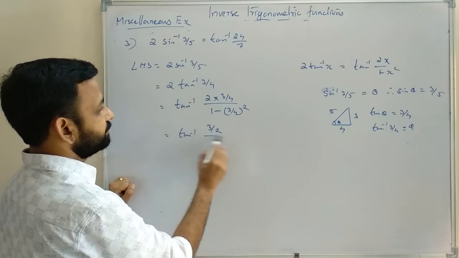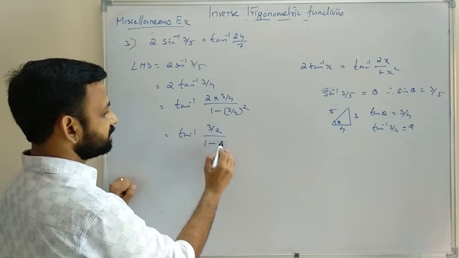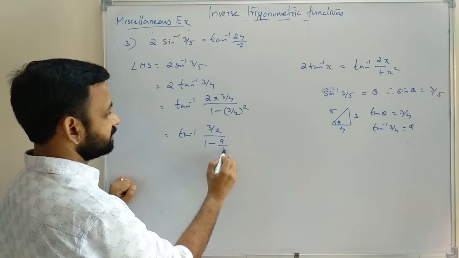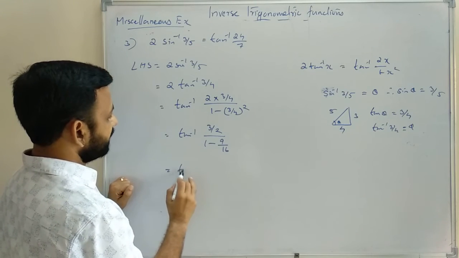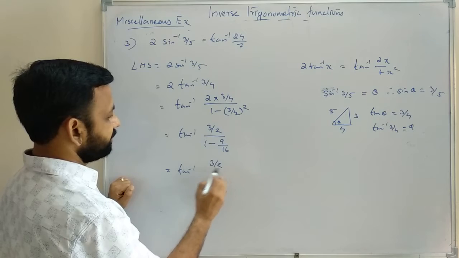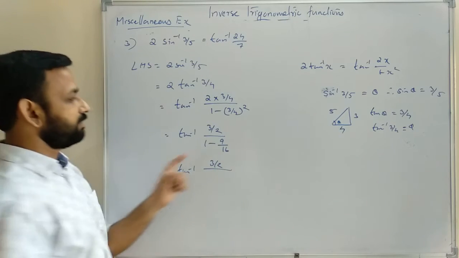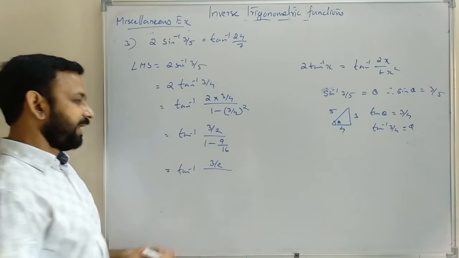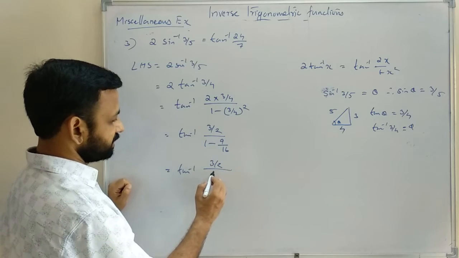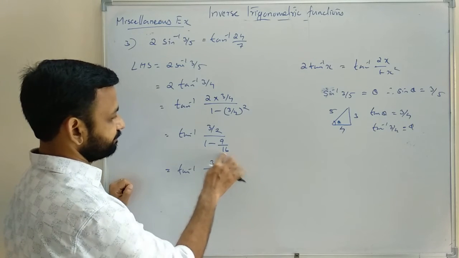That is tan inverse 2 and 4 cancelled, 3 by 2 upon 1 minus 9 by 16. That is tan inverse 3 by 2 divided by, taking LCM, 16 minus 9, that is equal to 7 by 16.